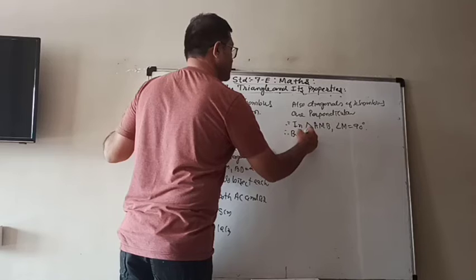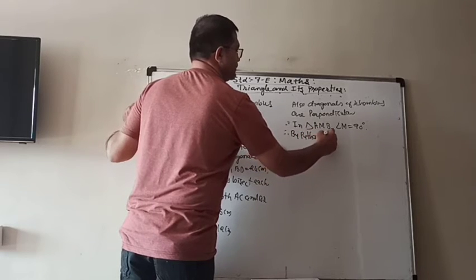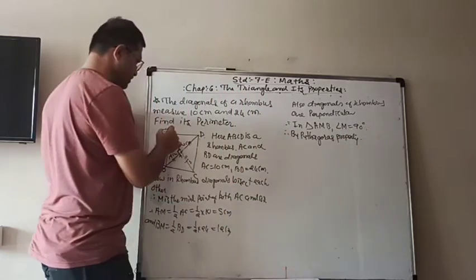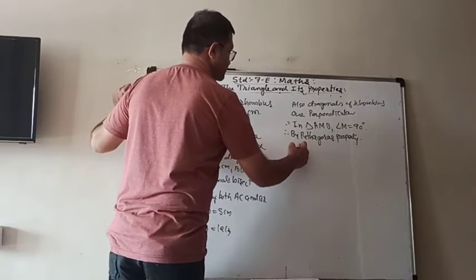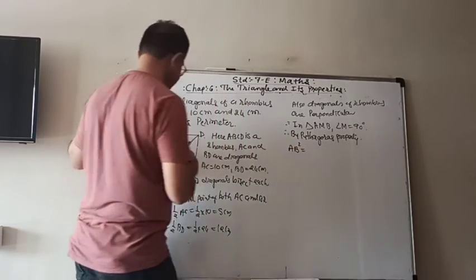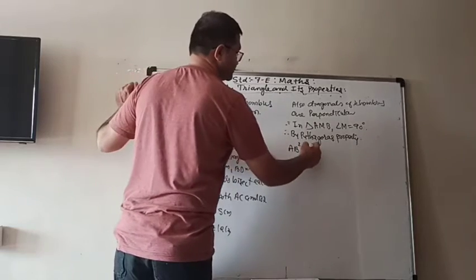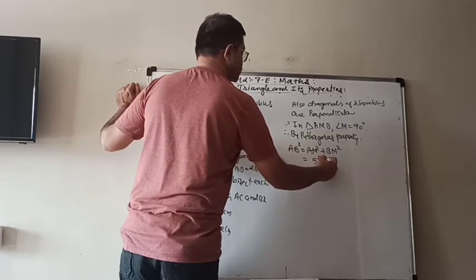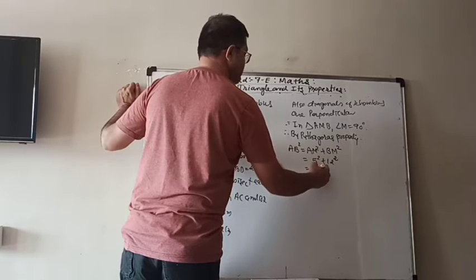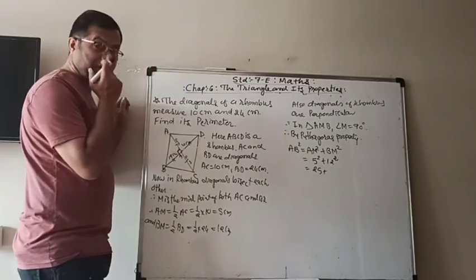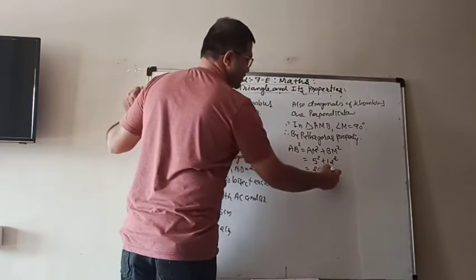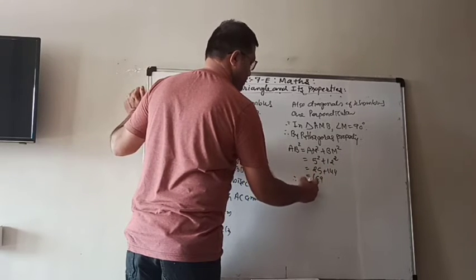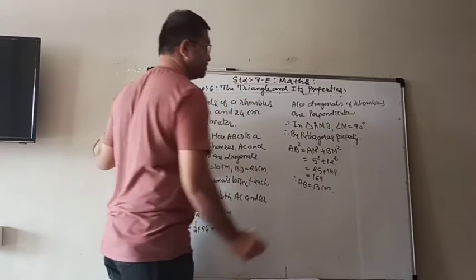Therefore, by Pythagoras property, which is the hypotenuse here, AB. So AB square is equal to AM square plus BM square. That is 5 square plus 12 square. 5 square is 25. 12 square is 144. Total is 169. Therefore, AB is equal to 13 centimeter.